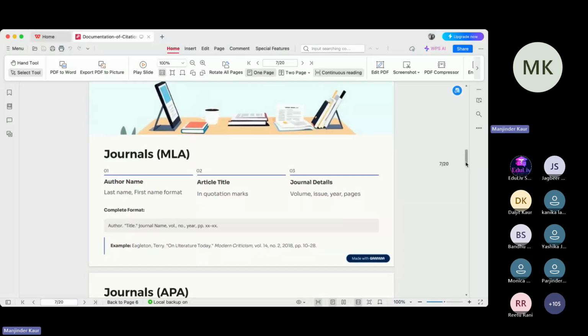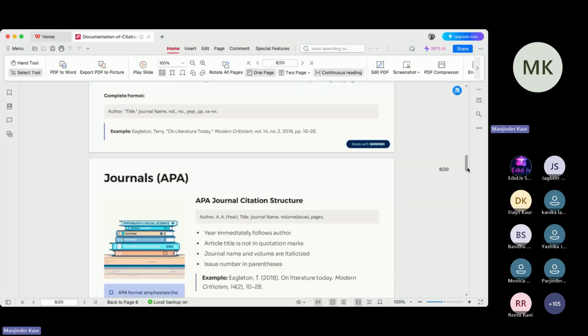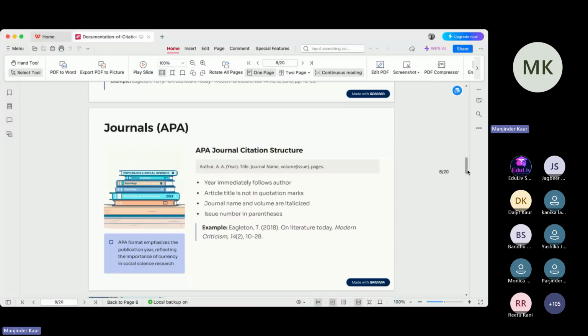Coming next, journal as per APA format. The year of publication will always come first, but we aren't putting the article title in double inverted commas or quotation marks. That is the difference.